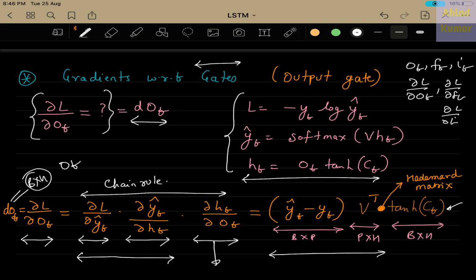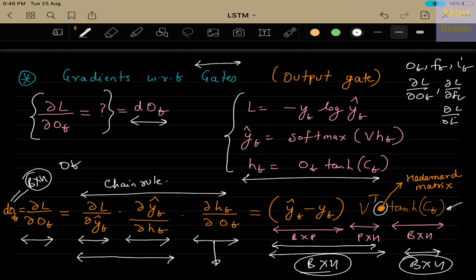So you have to verify whatever expressions you are getting through matrix multiplications. So here this is basically the matrix multiplication, and once you obtain B cross H from this, then this B cross H will be multiplied with this B cross H using Hadamard multiplication, which is given over here.